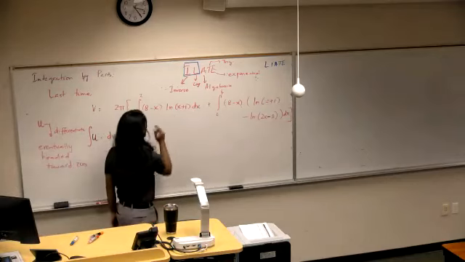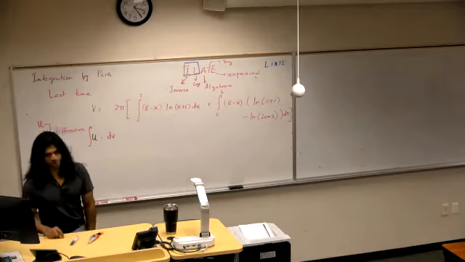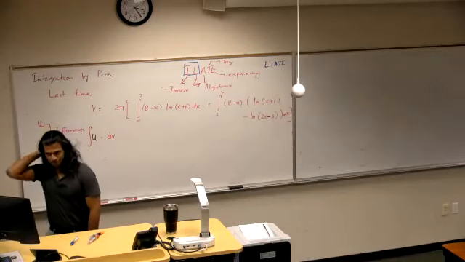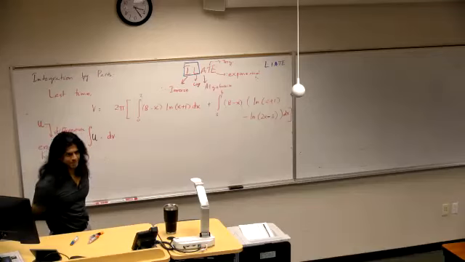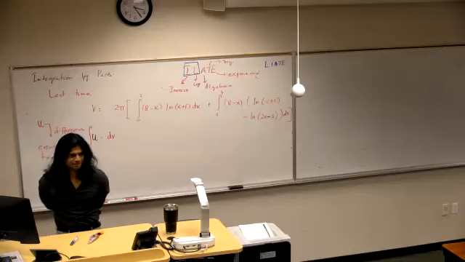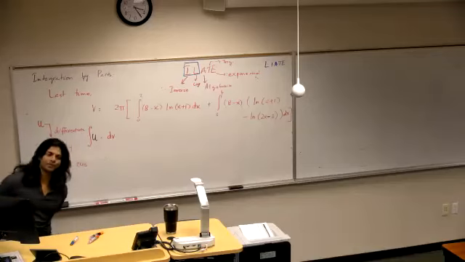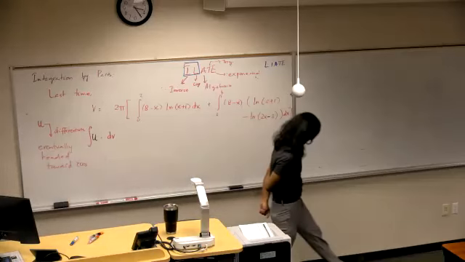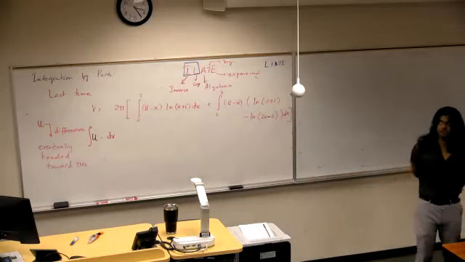If I pick u to be ln of x plus 1, what is the first derivative of ln of x plus 1? Carter, you should know this. You gave me the correct answer for ln of x. And I think it's 1 over x plus 1 squared. That's what I would say.